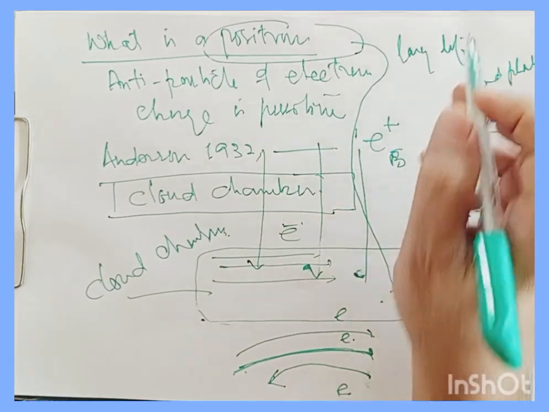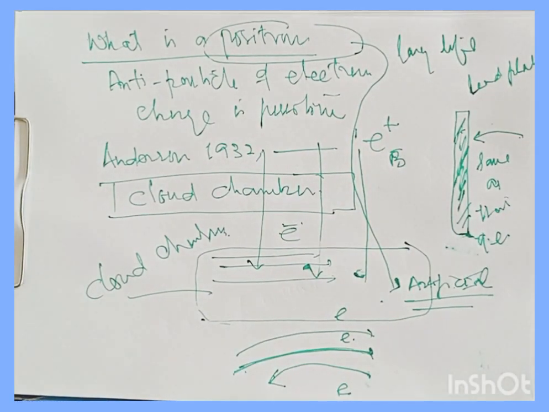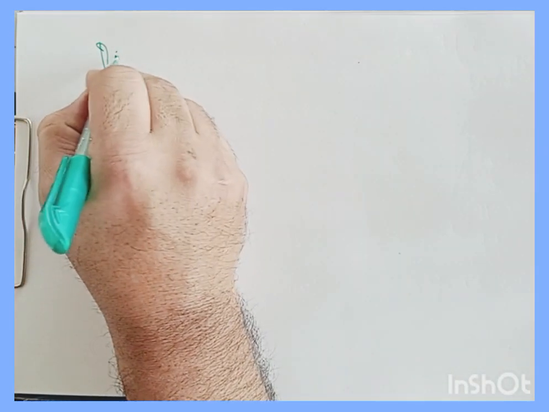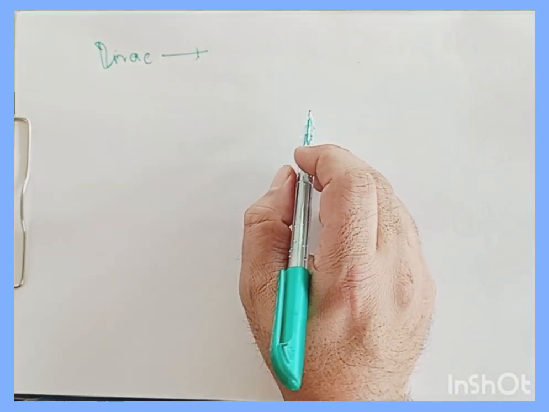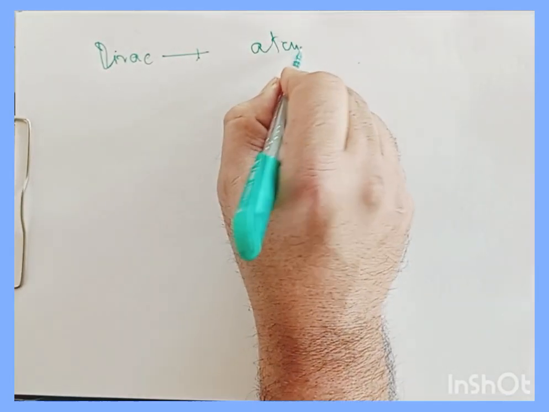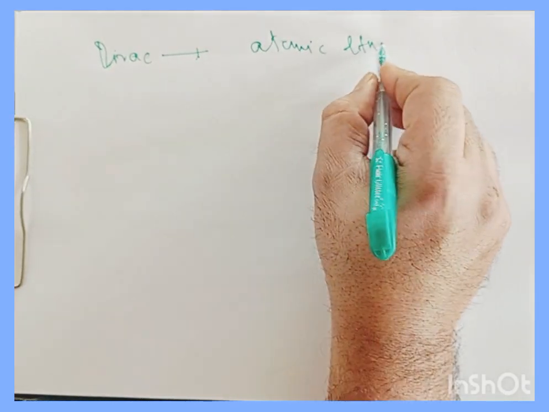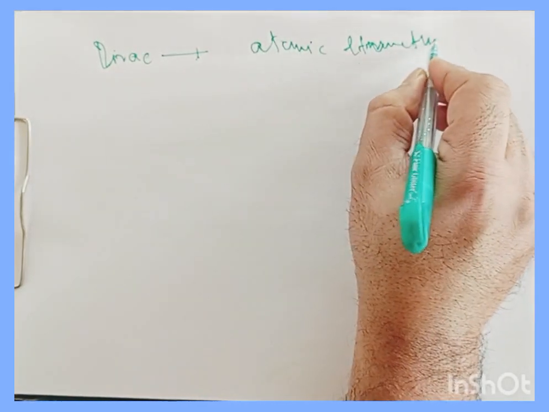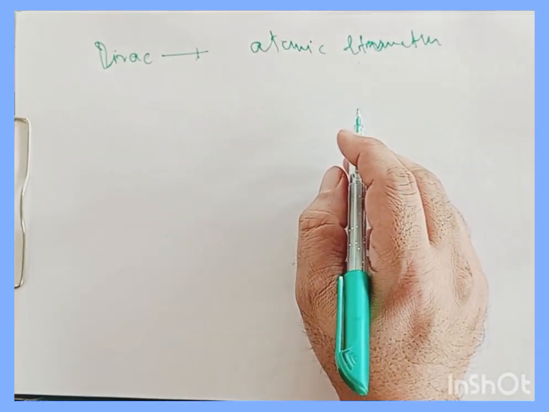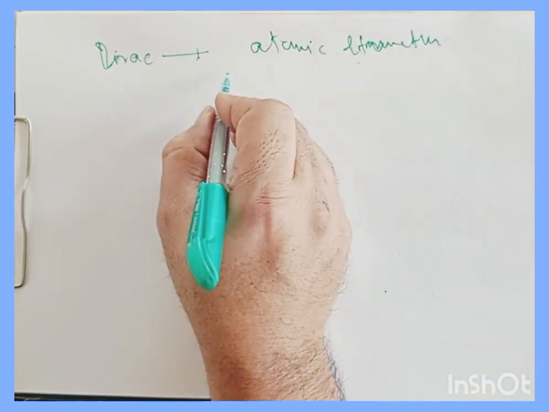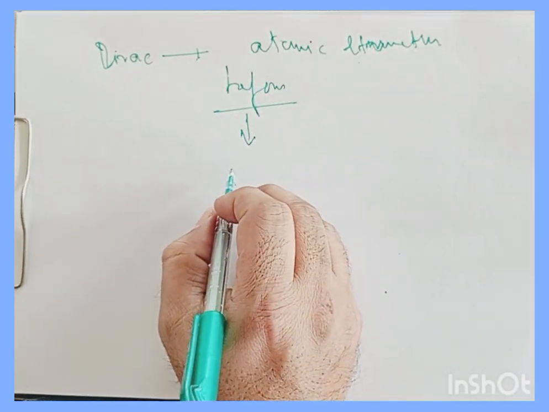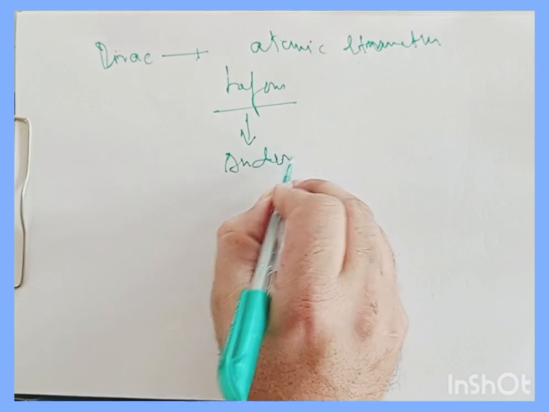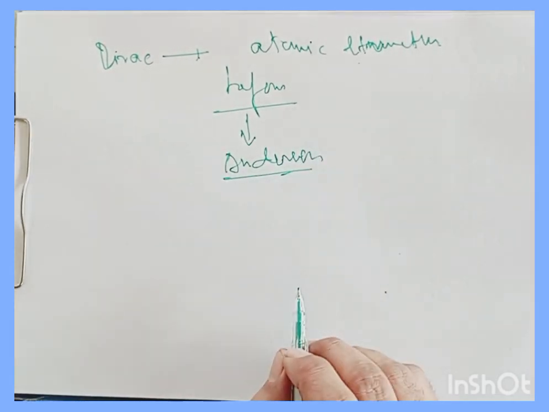It was Dirac who postulated, from his theory of atomic structure, the existence of such particles before they were discovered by Anderson. So Anderson discovered it, but it was already predicted by Dirac.